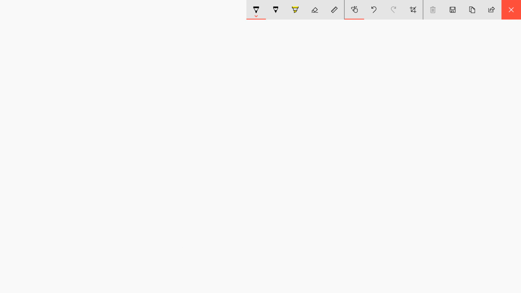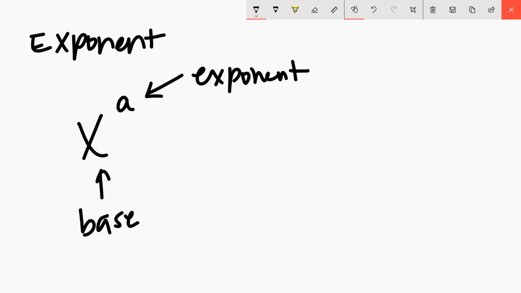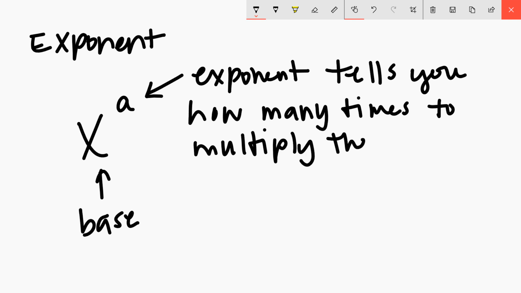Moving on to my exponents and radicals. I'm going to say x to the a power. Remember, this is your exponent, and this is your base. An exponent tells you how many times to multiply the base by itself.